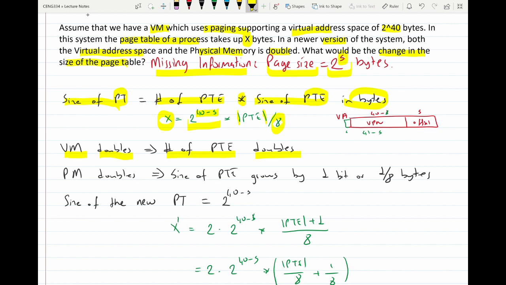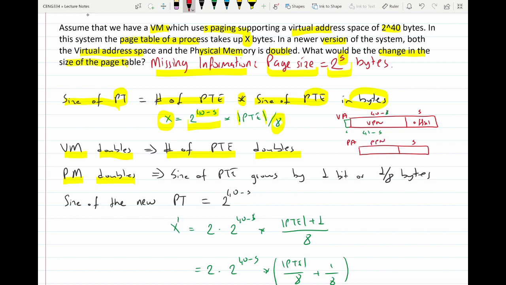And then we also said that the physical memory also doubled. Now what does it mean? In the case of the physical address, let's say that the physical address was like this. So we had s bits for offset, and then we had the PPN here.